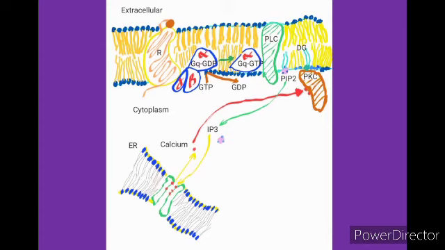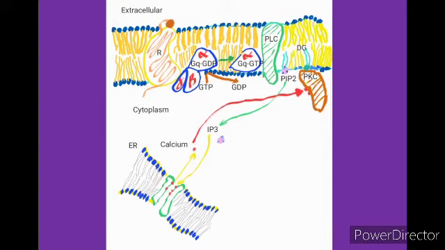It's going to move along the membrane, finds this enzyme, phospholipase C, abbreviated PLC, and activates this enzyme. The enzyme will move along the membrane, finds this phospholipid I mentioned, introduced to you in the beginning, PIP2.